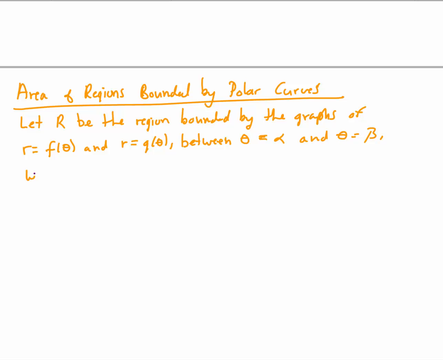Now there also has to be a particular relationship between f and g. So this will apply where f and g are continuous, of course. Don't have any gaps in the graph. And g is between f and 0.